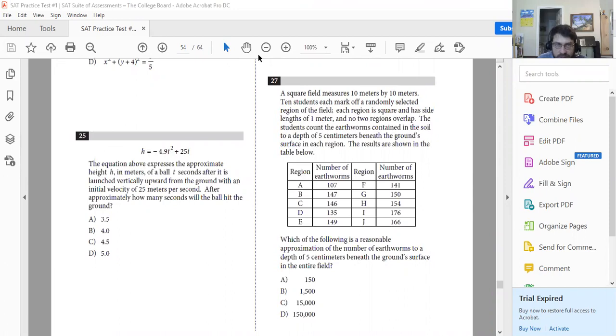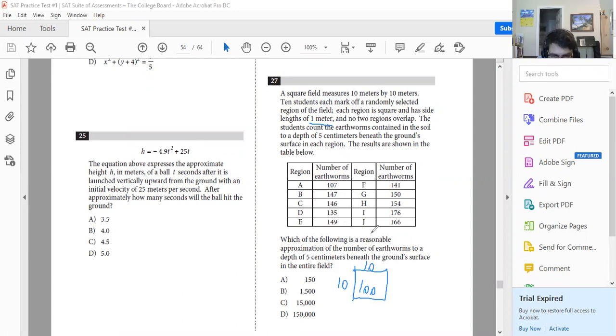So it says in the entire field. How big is our field? It's 10 by 10, which means that it has an area of 100 square meters. In each region, each little territory is a 1 by 1. So in order to get from one region to the entire region, you would have to multiply it by 100.